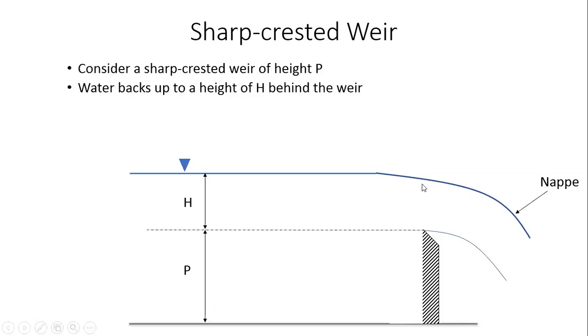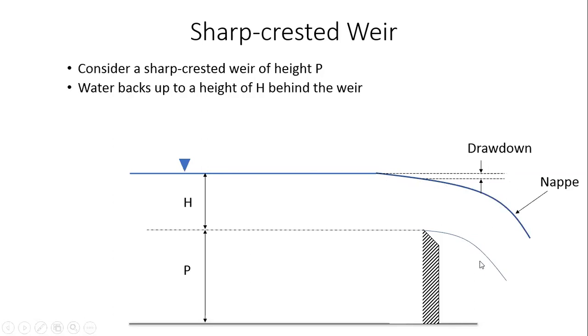At the top of the weir, the water surface is slightly less than capital H. That decrease in the height of the water surface as it approaches the weir is called drawdown. These terminologies we'll be using a little bit later, so just keep these in mind. So I have the drawdown and I have the nappe.